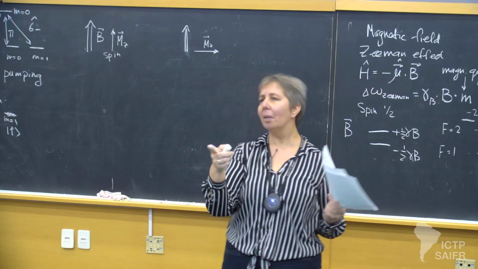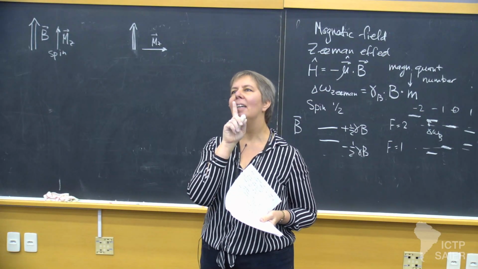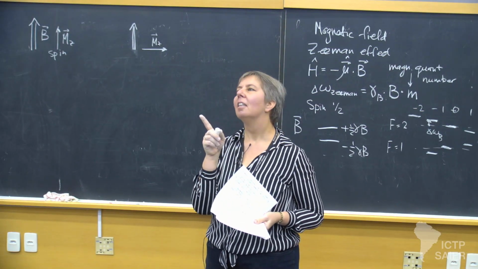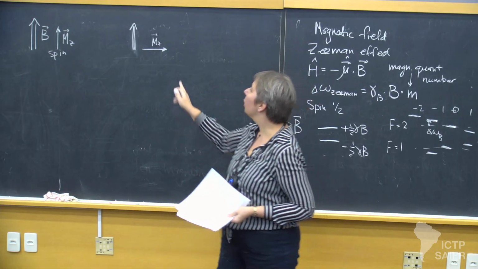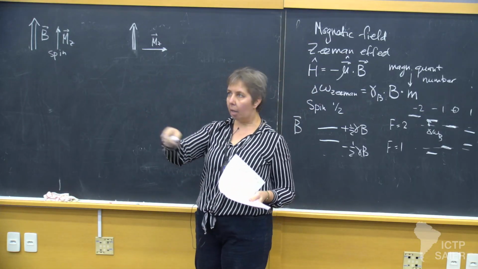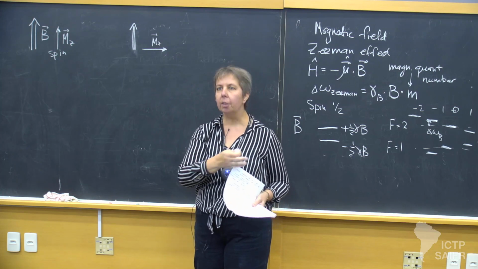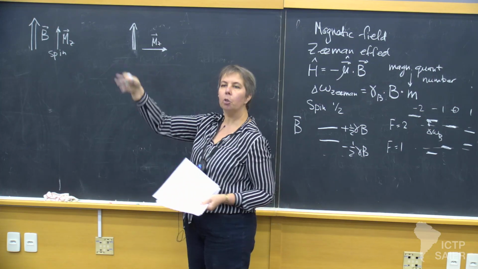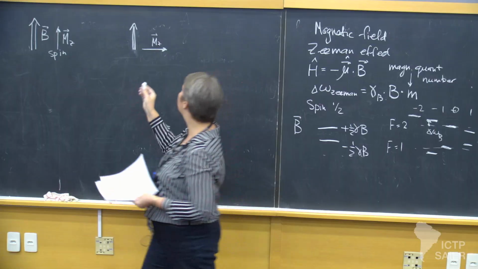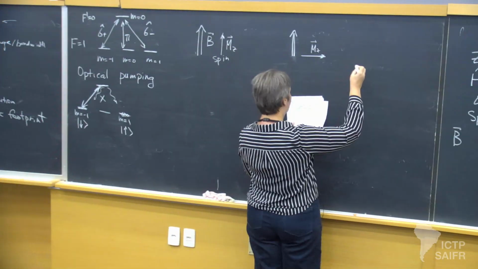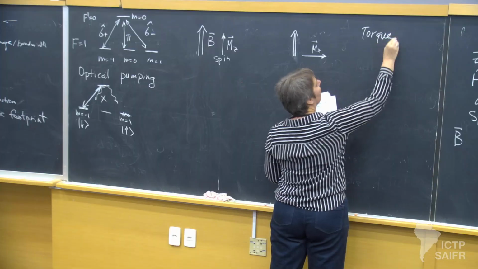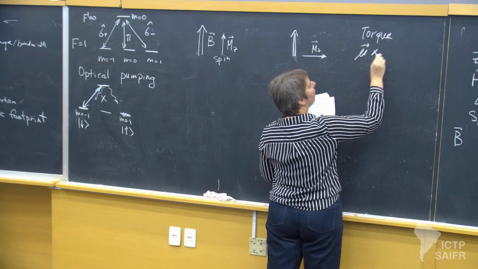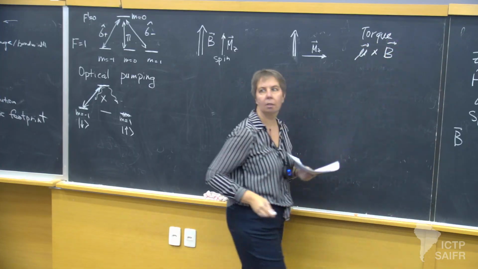It may try, but okay, I know several people said it. So it's actually going to precess. If we start talking about decoherence, yes, eventually we're going to lose it. But in the very first moment, remember, again, introductory physics, we have a torque, which is magnetization times magnetic field, right?